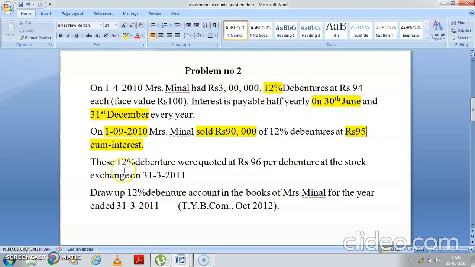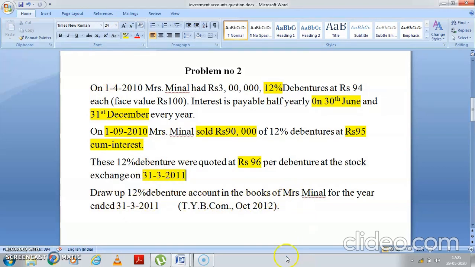These 12% debentures were quoted at 96 per debenture on 31st March 2011. See, this year we are following the financial year. We are starting our year on 1st April and ending on 31st March. Draw 12% debentures account in the books of Meenal for the year ended 31st March 2011.